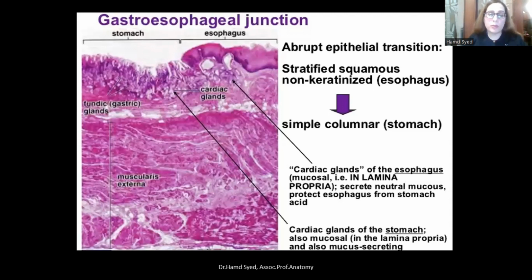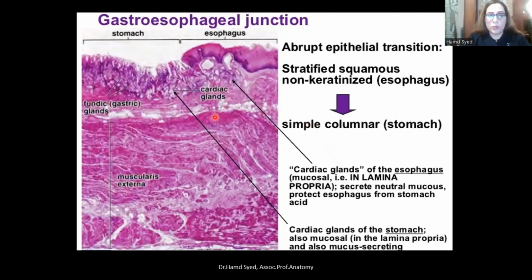And as I start with the topic of histology of the stomach, I'd like to show you, first of all, what you should be able to identify: the gastroesophageal junction. So over here in front of you, you can see that this here is the gastroesophageal junction.